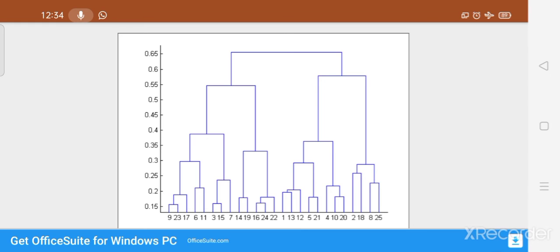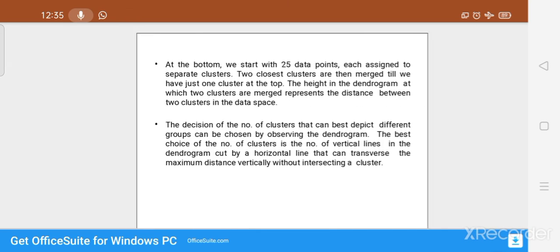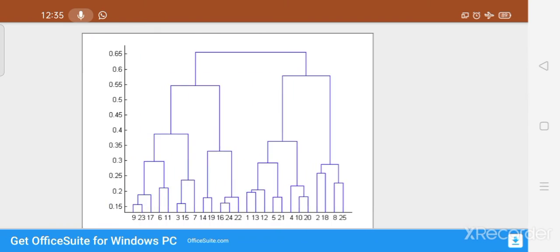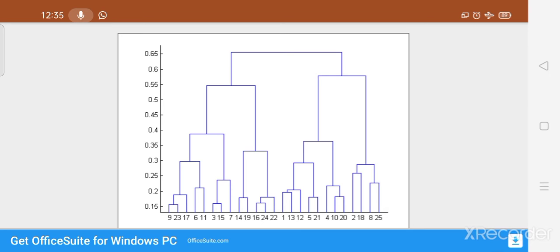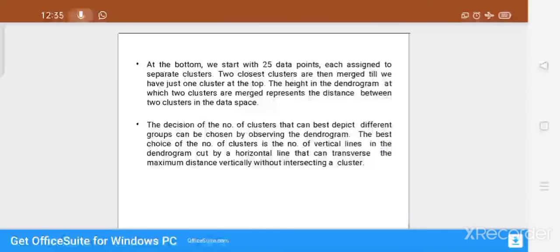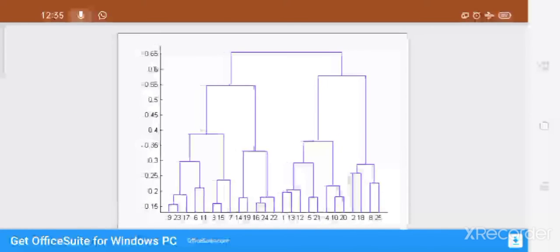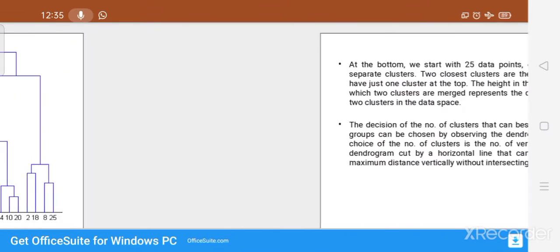So the height in the dendrogram will depict the distance between two clusters. Okay. So the decision of the number of clusters that can best depict different groups can be chosen by observing the dendrogram. Means which number of clusters is best can be found by observing this dendrogram.